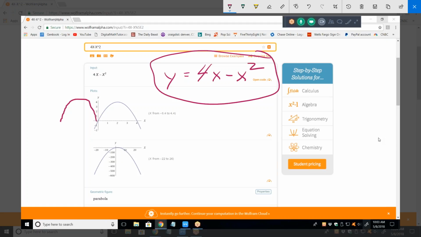Therefore, I'm going to use cylindrical shells because I need my function to be a function of x, because I'm going to integrate it on the x-axis. So I'm going to integrate it from -4 to 4.